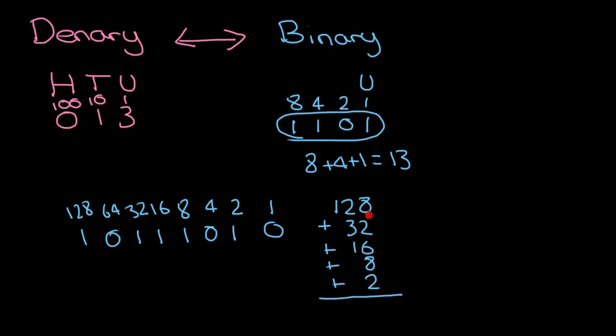So let's do this quickly. 128 plus 32 is 160, plus 16 is 176, plus 8 is 184, plus 2, and it's 186 then is what that is. And all I've done is just add up all the numbers that have a 1 underneath them using your sort of basic maths. Okay, so that's how you convert from binary to denary, but you also need to go the other way around. You might need to convert denary into binary.